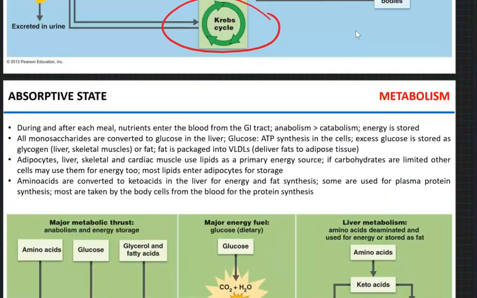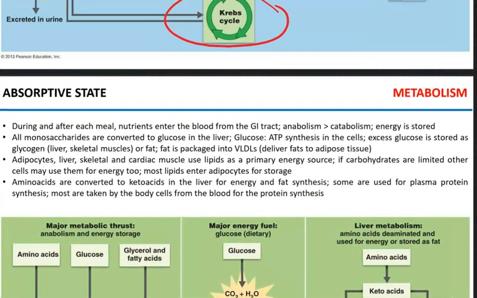Now, before we move on to absorptive state, something very interesting, in my opinion, about the whole diet thing. So people count calories to lose weight, right? There was a study with a fair amount of participants, human study, where participants were divided into 2 groups.